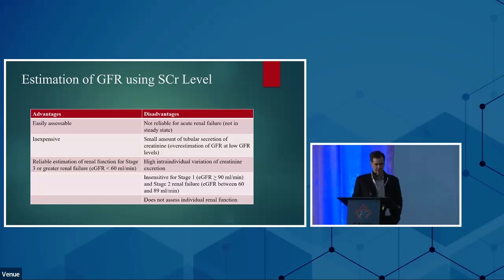So if the GFR is 60 milliliters or greater, then this is not a sensitive test for early renal failure. But it has the advantage of being easily accessible and inexpensive. And finally, there's a high intra-individual variation of creatinine excretion, with up to 25% coefficient of variation despite having stable renal function.